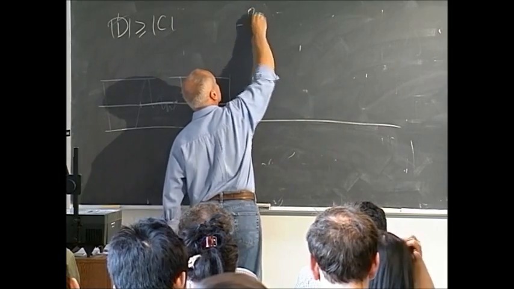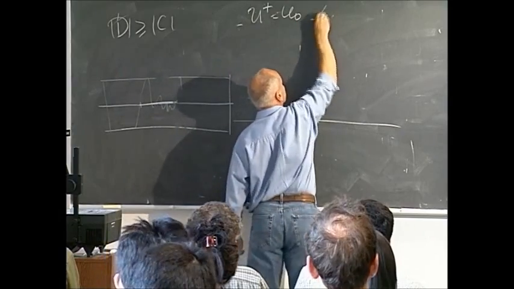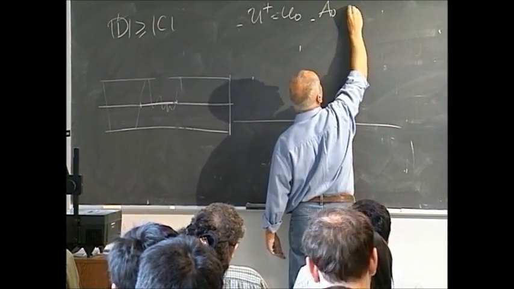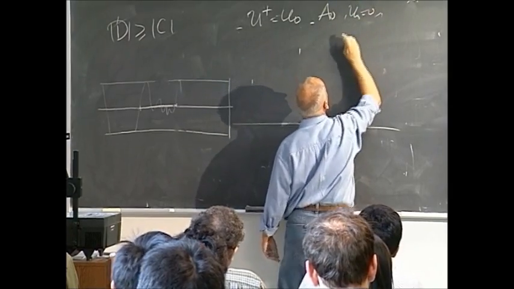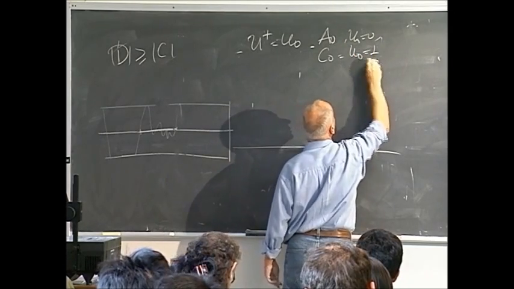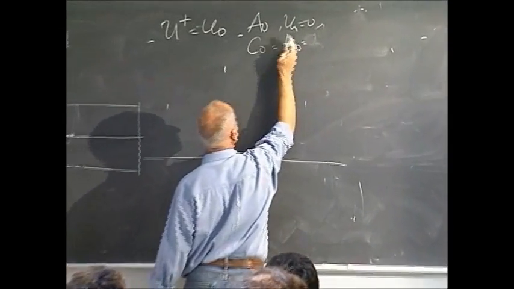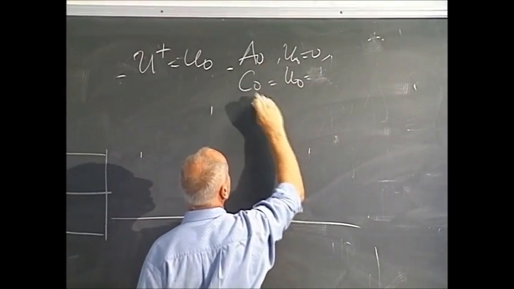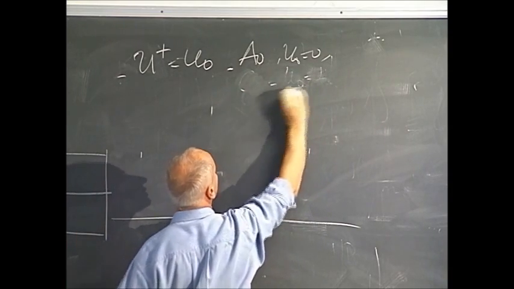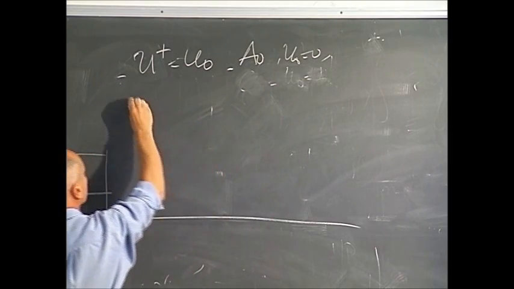So I have U plus, I call it U0, and I have A0, which is the set where U0 is equal to 0. I have C0, the set where U0 is equal to 1, and I have the set A0.